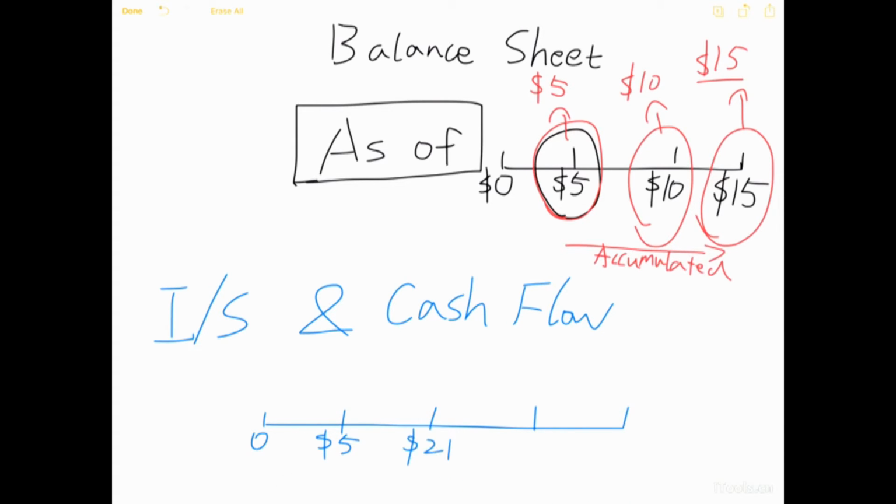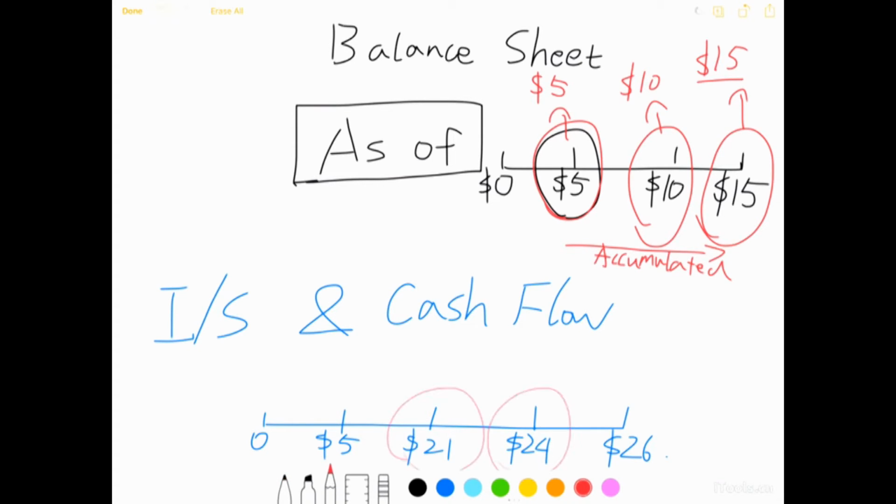On the other hand, for the income statement and cash flow, we draw a timeline first, from $0 to $5 to $21 to $24, etc. But in this case, it's different. Why is it different? Because we're not interested in as of that point in time, we're interested in only one period, that is from $0 to $5.